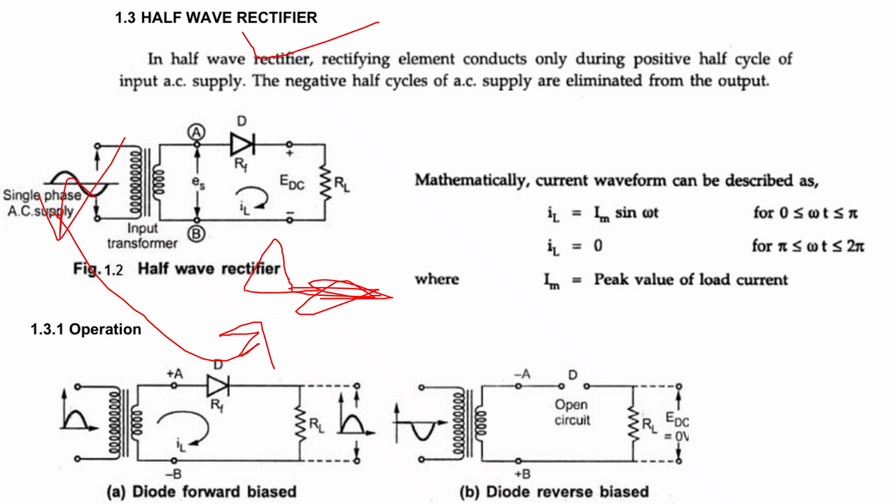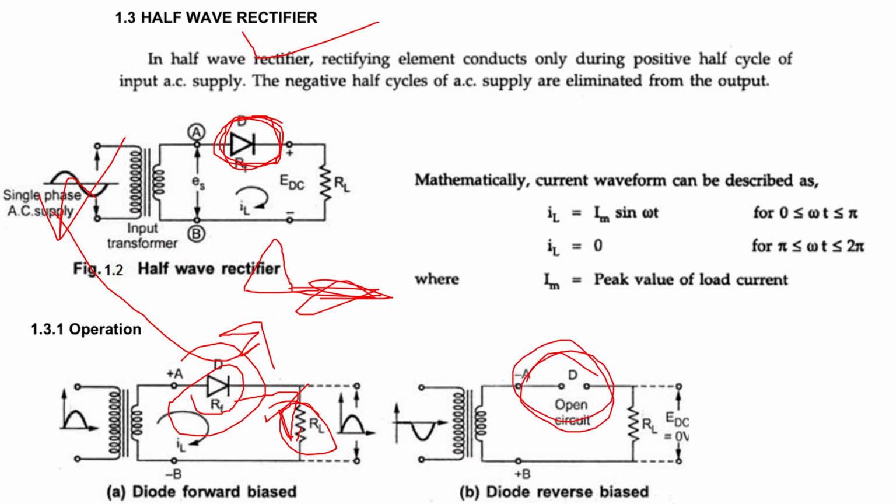So how is it happening? Because this diode will conduct only in the forward direction, right? So here the diode will conduct, and in the reverse direction the diode will not conduct. So the diode will allow your current to pass, and then you can observe the voltage across this RL, right? This is the forward case. In the reverse bias case, all voltage will drop across the diode only.